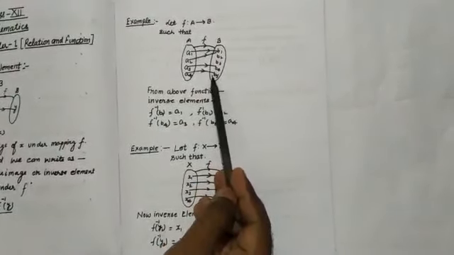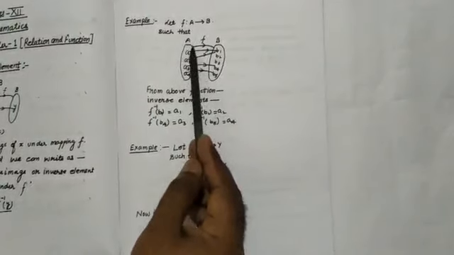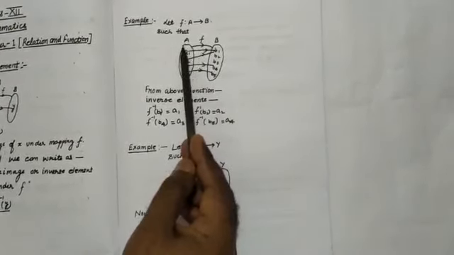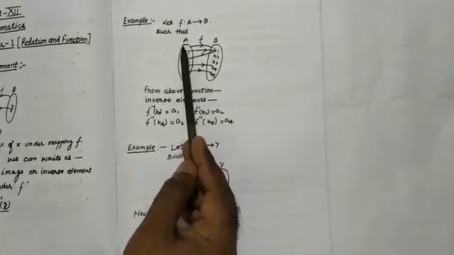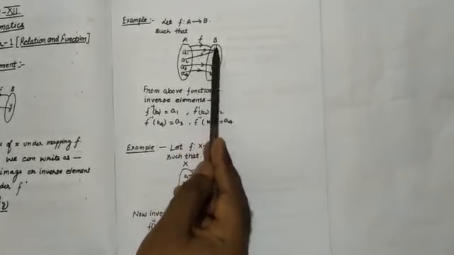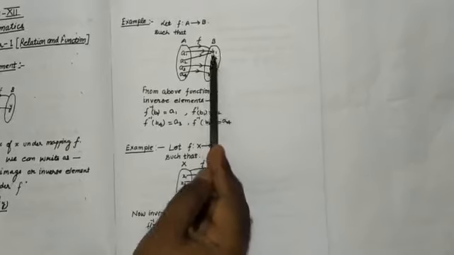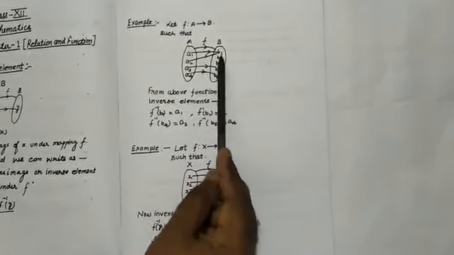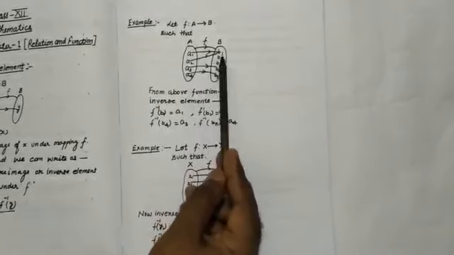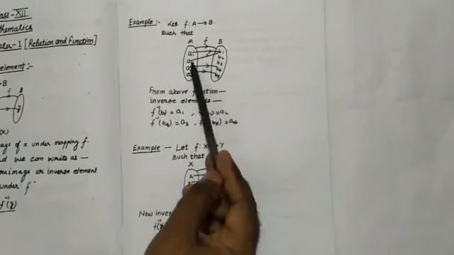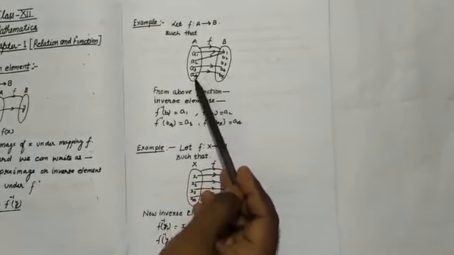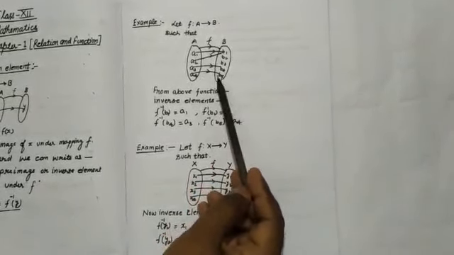A is the domain set and B is the codomain set. a1 is associated to b1, a2 is associated to b1, a3 is associated to b4 and a4 is associated to b5.